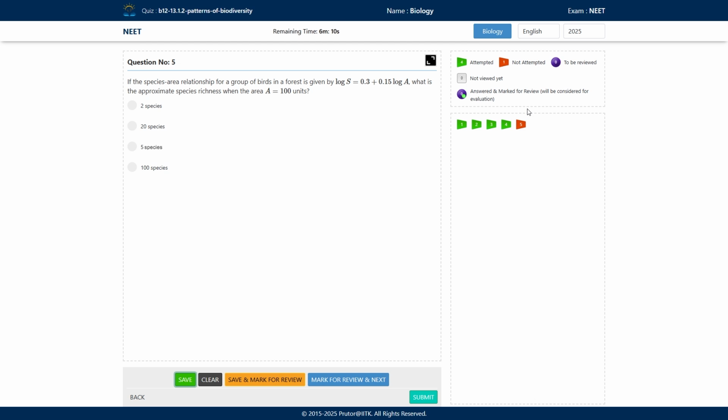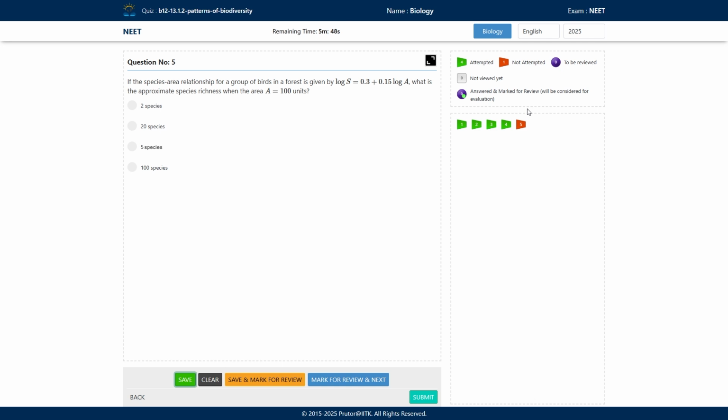So here you can use the formula S = CA^Z. You can also use the formula log S = 0.3 + 0.15 log A. Here directly you can put in the value of A equal to 100.